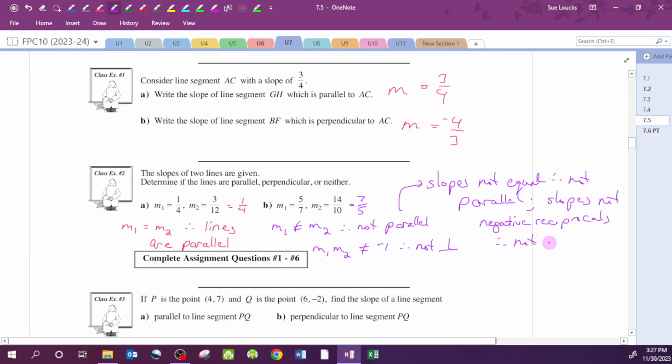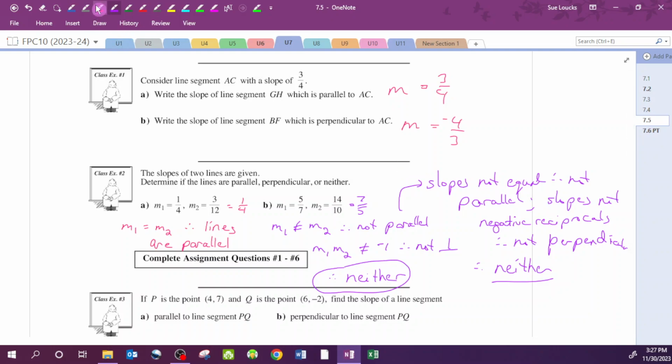Therefore, not perpendicular. Therefore, the answer is neither. I should put that over here. Therefore, neither. Because the question actually asked you, is it parallel, perpendicular, or neither? So your answer should be parallel or perpendicular or neither.